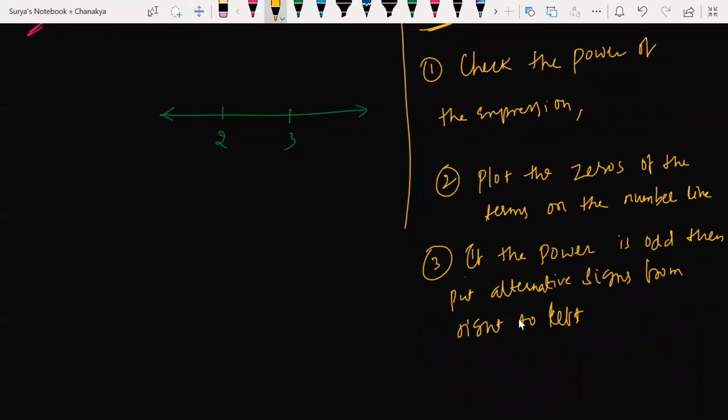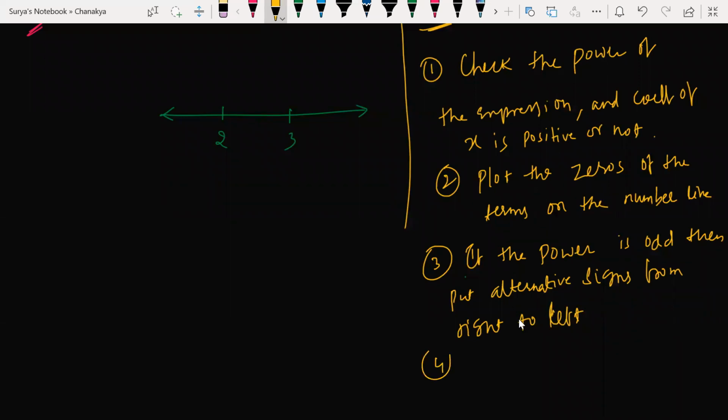And the first point: check the power of the expression and whether the coefficient of x is positive or not. These are the three points.